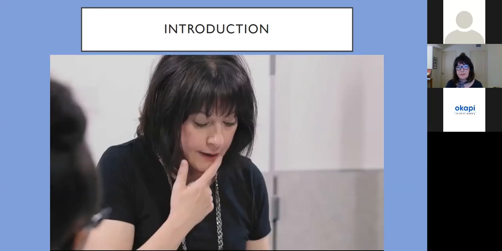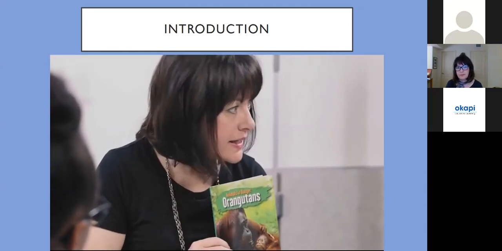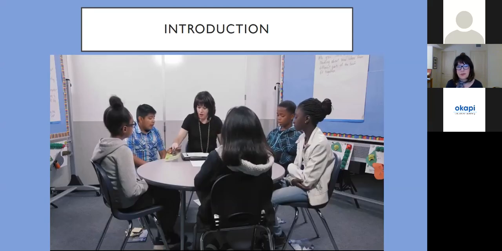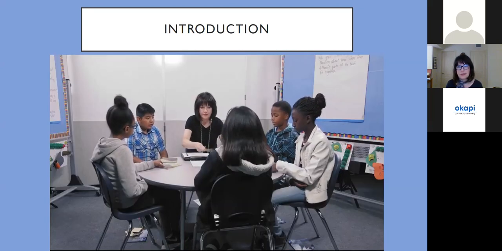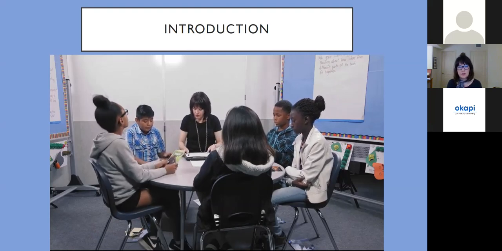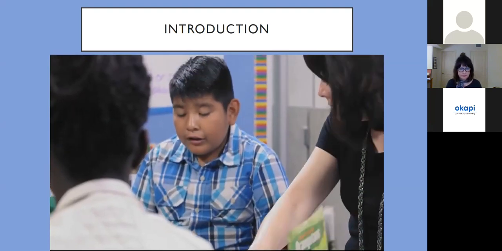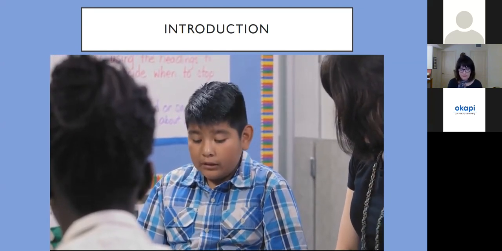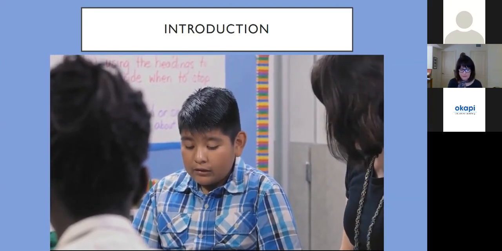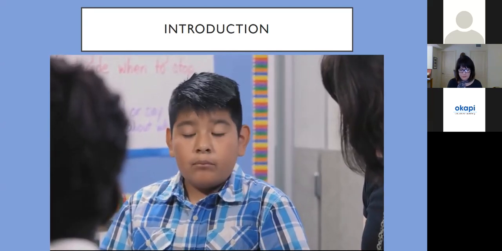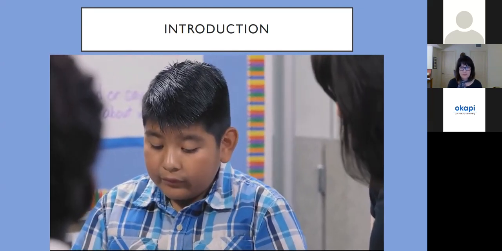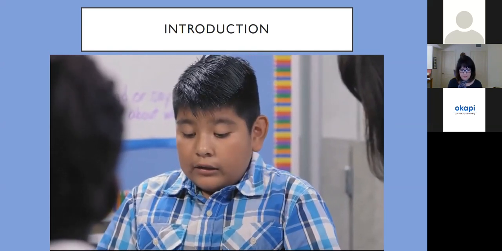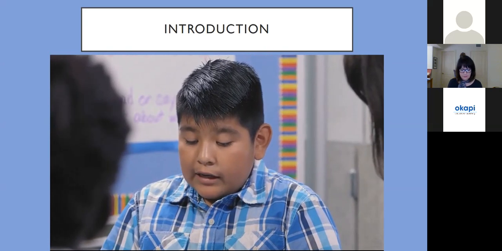All right? So a new book today called Animals in Danger, Orangutans. Oh, I know about the orangutan. Oh, talk to us. What do you already know there, David? What I know about the orangutans is they're like apes because they're big like a human, and they sleep on the ground and they eat fruits.